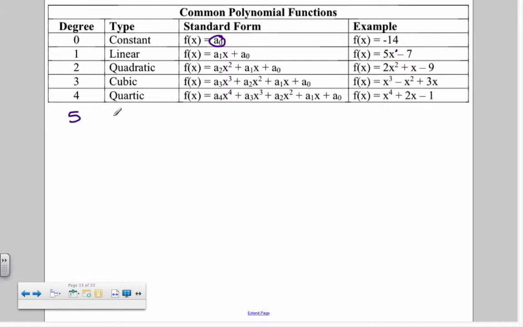A degree of 5 is a quintic. And we can use an example here, right? f of x equals x to the 5th plus 2x to the 4th minus 5. As long as it has a degree 5, it is a quintic. I'm not sure how you pronounce it.